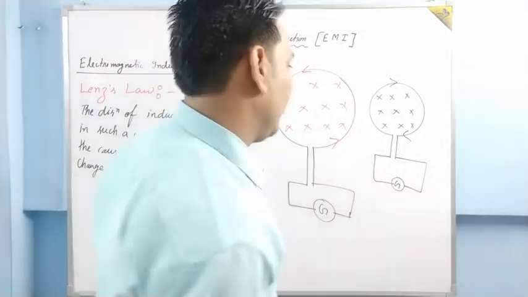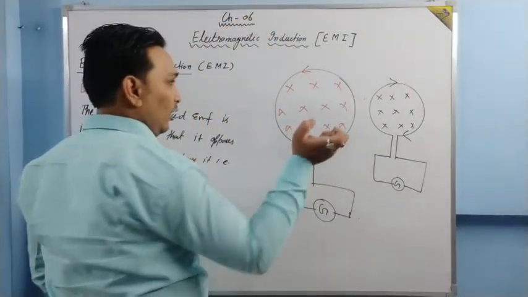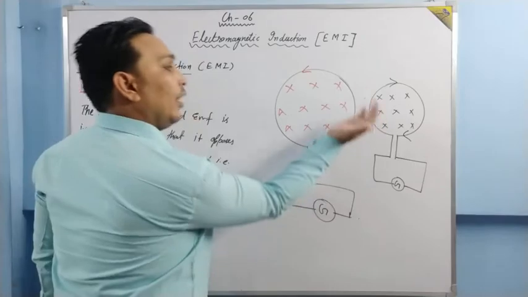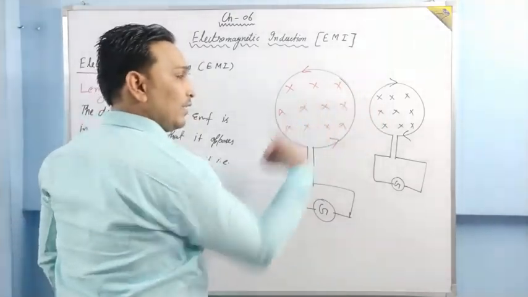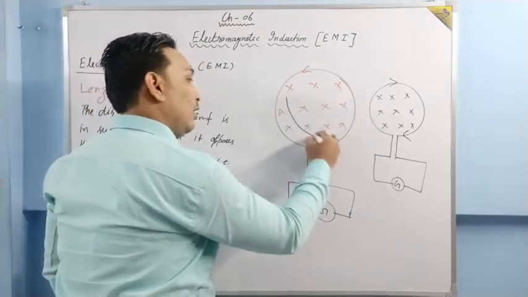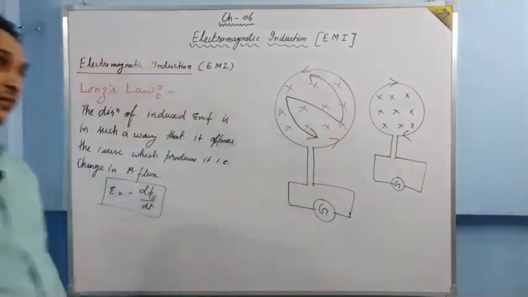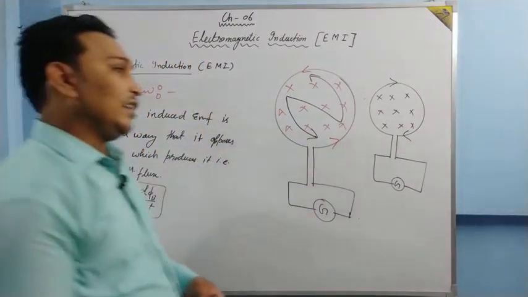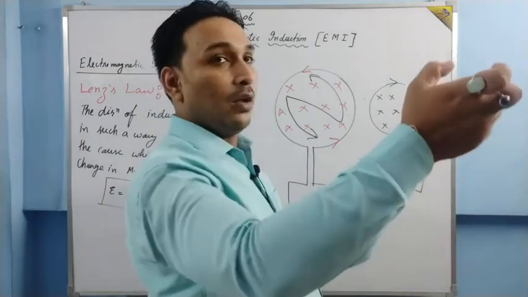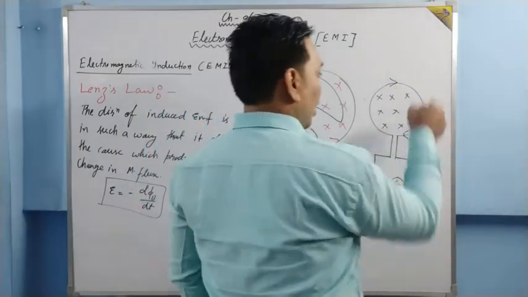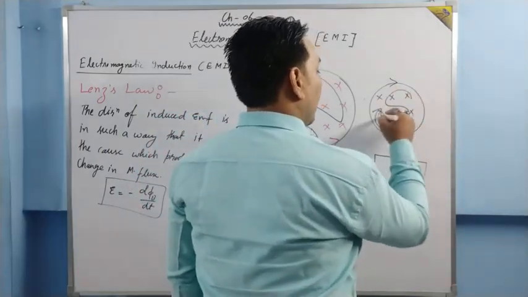One more logic. When the north pole is brought near to it, the current becomes anti-clockwise, and for anti-clockwise, this loop behaves as a north face. When the magnet is brought away from the coil, this becomes a south face, and a south face becomes what?